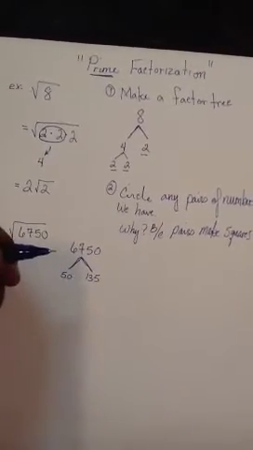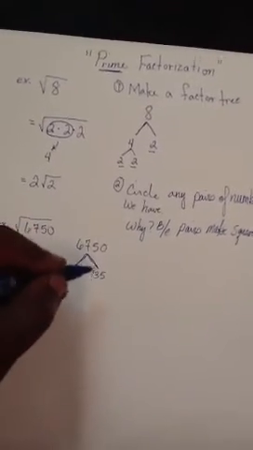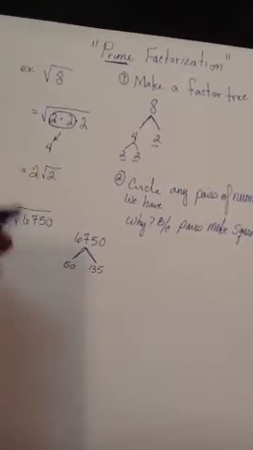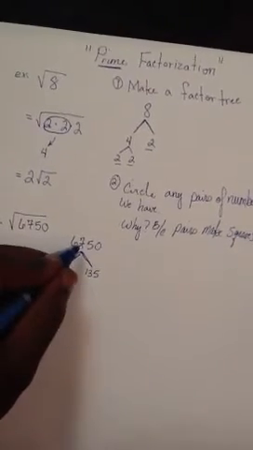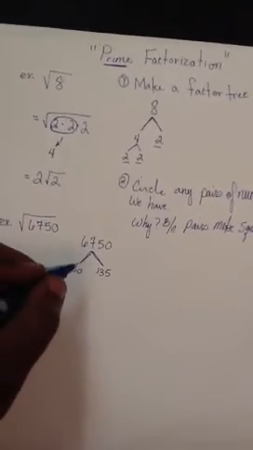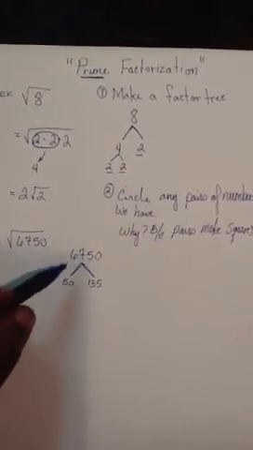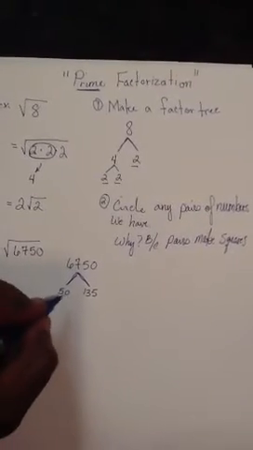Don't worry, I didn't do this off the top of my head. I actually calculated it, but here was my hint. My number ends in 50, so I know I can count by 50s. And after 135 50s, we get 6,750. So now, again, we want to continue to find the prime numbers.